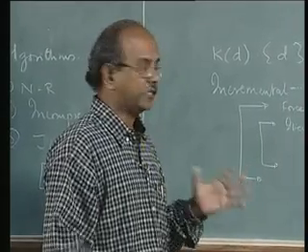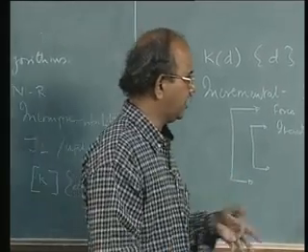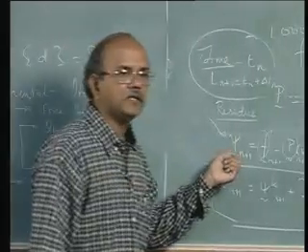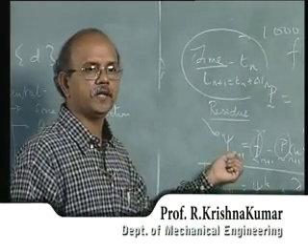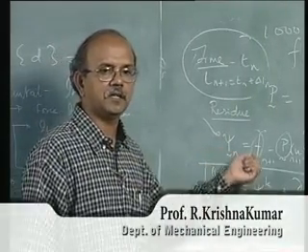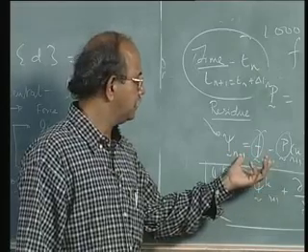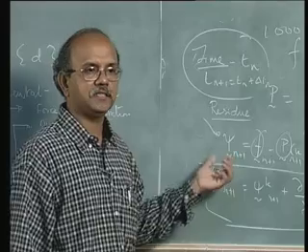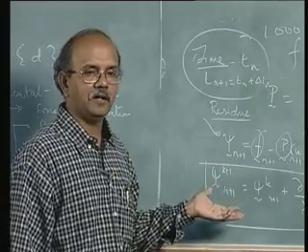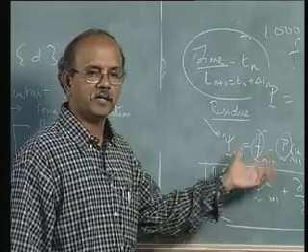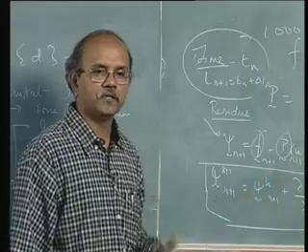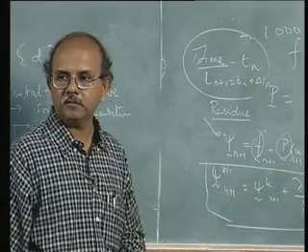So essentially what is it that we did? Just to summarize, we looked at residue. Residue was defined as the difference between the external and the internal forces. Then we linearized this residue, arrived at an equation by truncating to the first term, a Taylor series approximation.